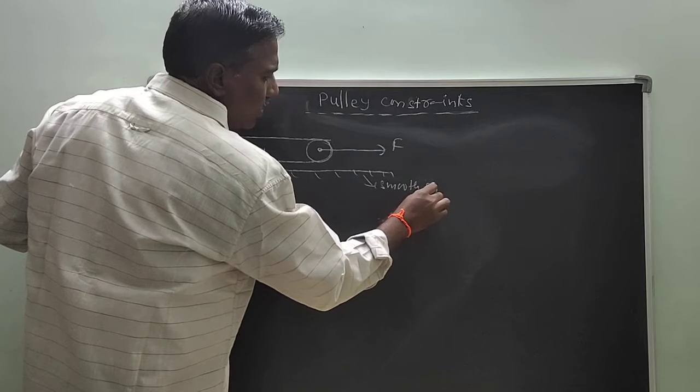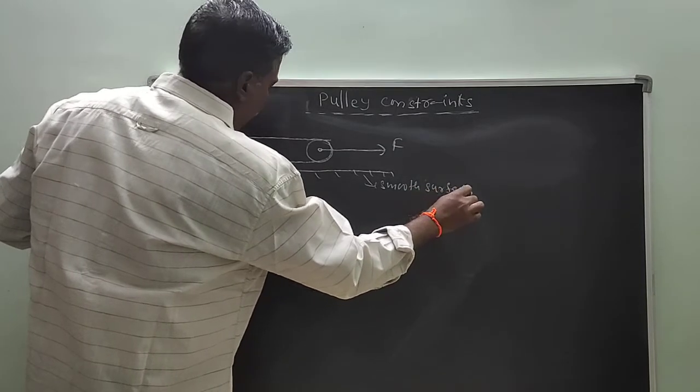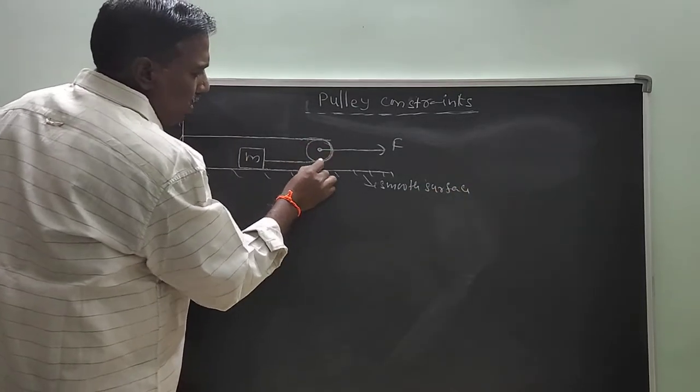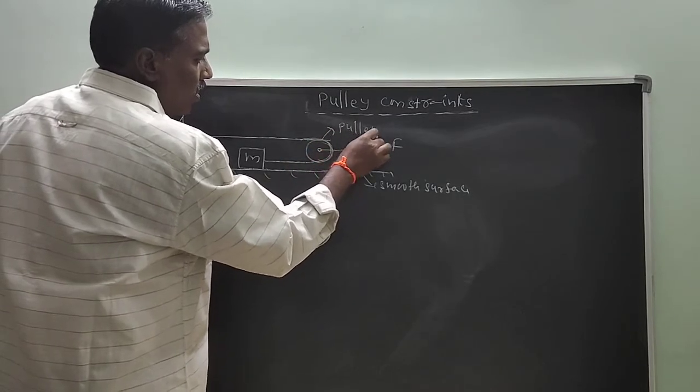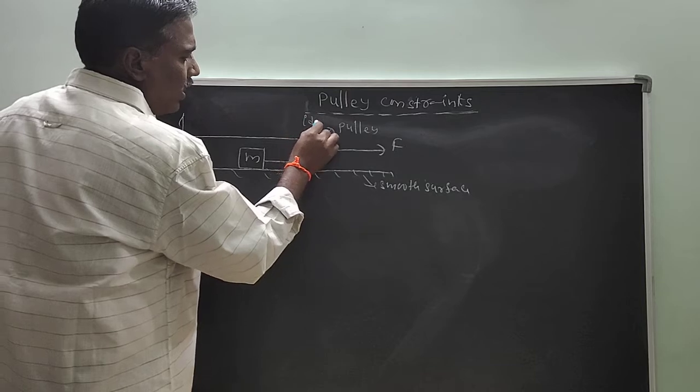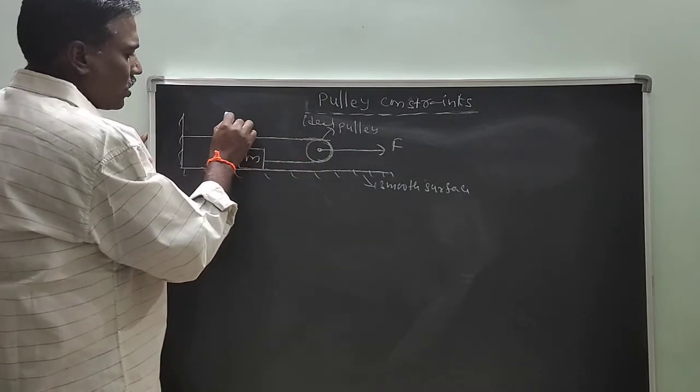Smooth surface. It is a pulley. This pulley is ideal. So this is string.